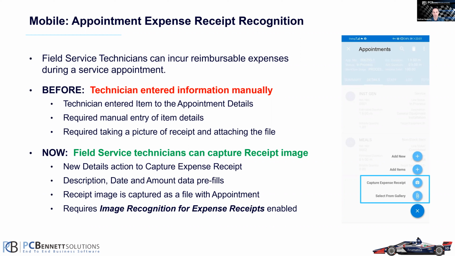But now the technicians on the road can use the mobile device to capture or add a receipt to the appointment document using OCR and artificial intelligence. The system can detect automatically the description, the date, the amount, and pre-fills that data right into the expense receipt. Saves time, avoids errors, and duplicated data. Very handy feature.